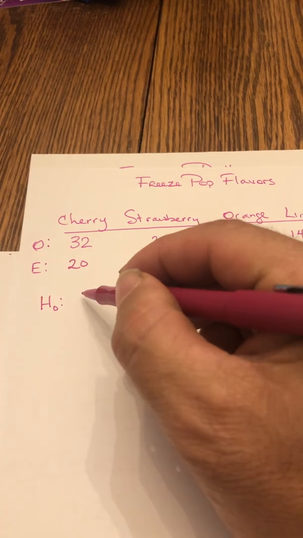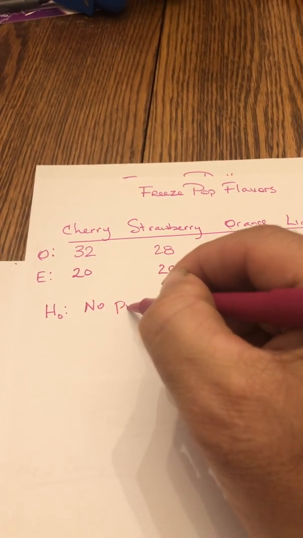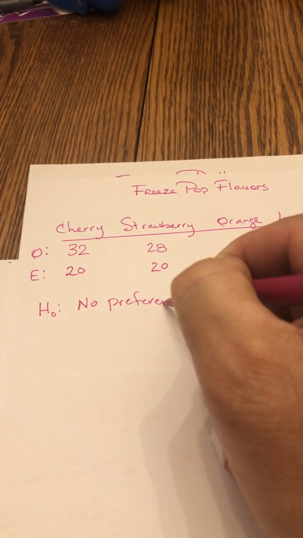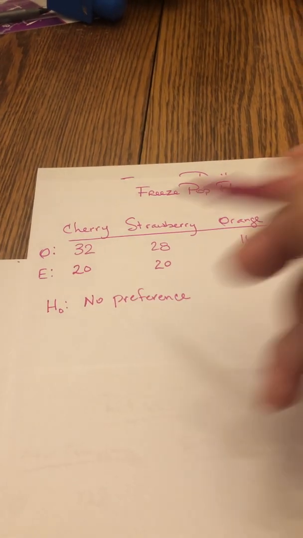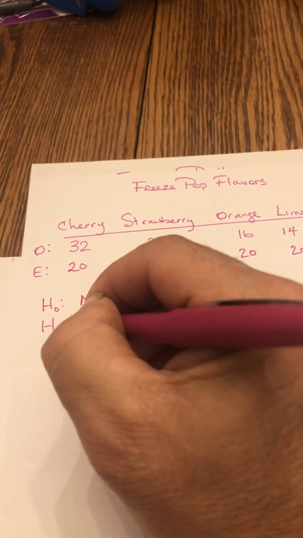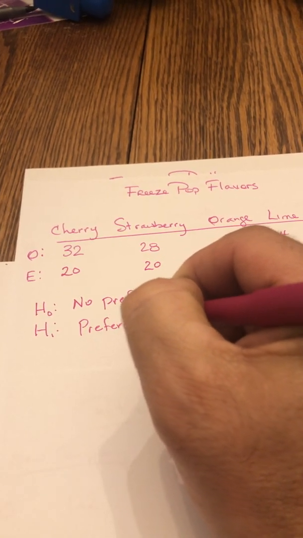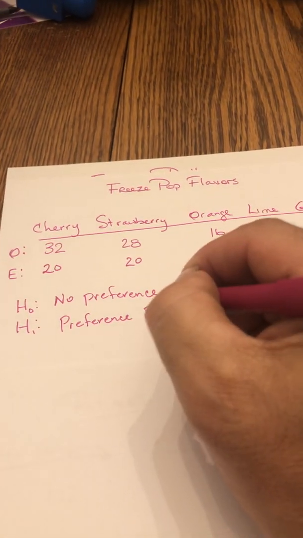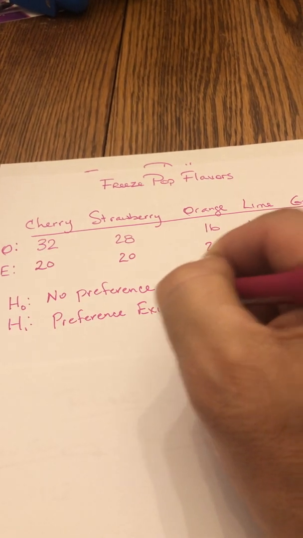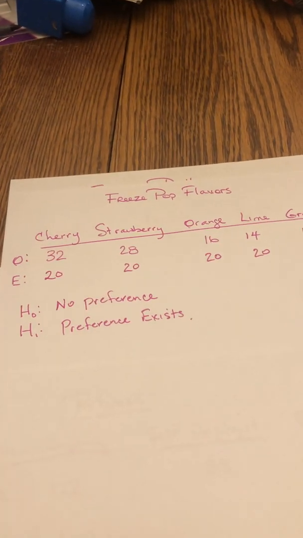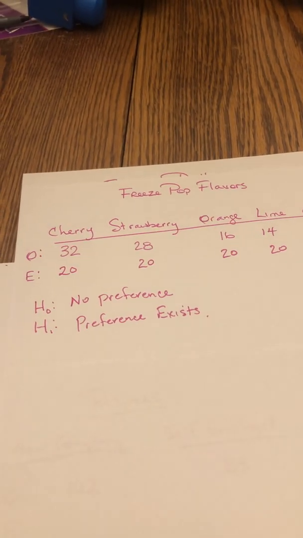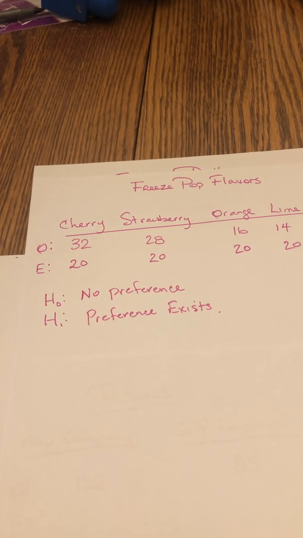So my null hypothesis is simply going to state there's no preference. And my alternative hypothesis is going to state that a preference exists. Okay, and that's step 1 in our hypothesis testing process.